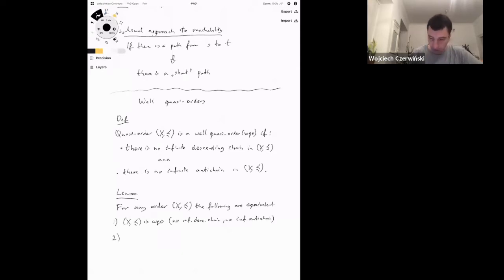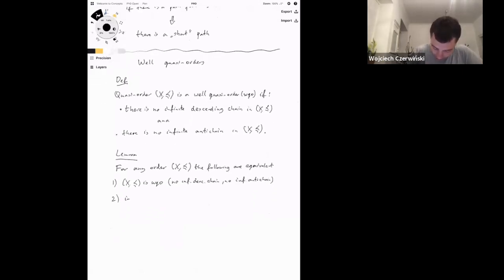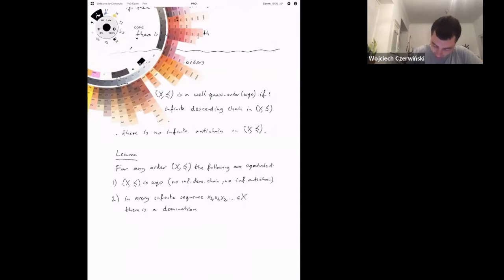Second condition is the following. It has a completely different flavor, but it will be much more useful in bounding algorithms. In every infinite sequence x1, x2, x3, etc., of elements of X, there is what we call a dominating pair. So this is like a definition on the fly.